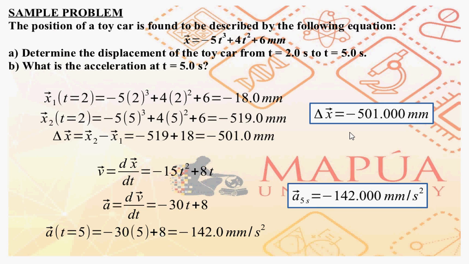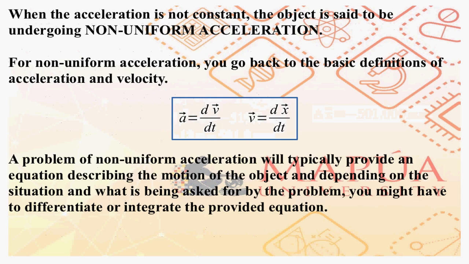Moving now to the second part of the problem, letter B. What is the acceleration at t is equal to 5 seconds? To be able to determine the acceleration at 5 seconds, you need the equation for acceleration. Going back to the previous slide, by the basic definition, acceleration is equal to dv over dt. To be able to differentiate velocity, you need the equation for velocity.